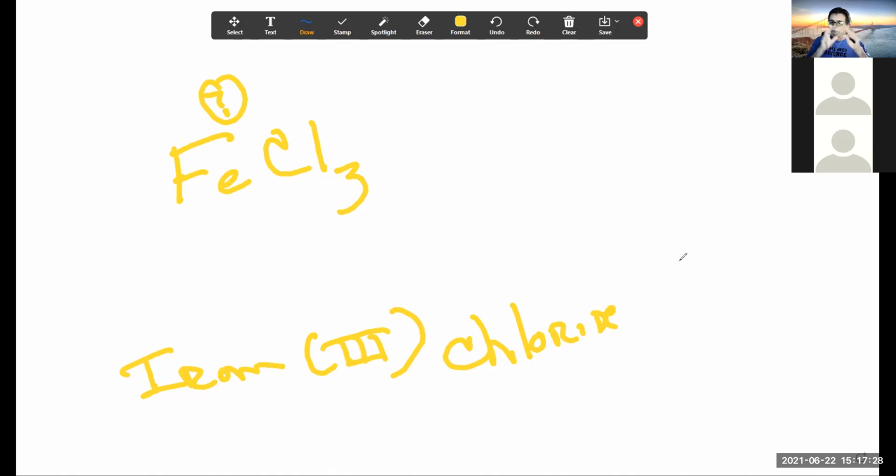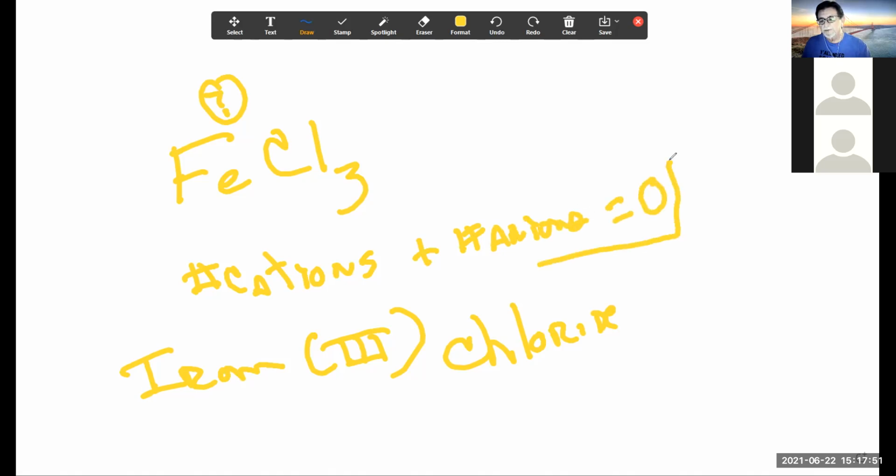So the overall charge should equal 0. Okay. So another way to say that is to say the number of cations plus the number of anions must equal 0.